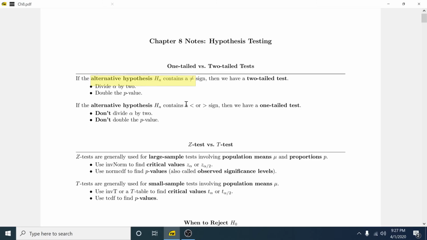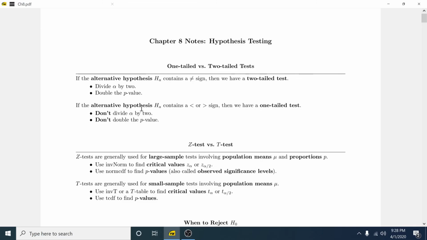If it contains a less than or greater than sign, it's going to be a one-tailed test. And whenever we're dealing with two-tailed tests, there's a certain point in the procedure when we're going to divide alpha by 2. There's also a certain part in the procedure where we're going to calculate something called a p-value. We can get into that in a moment, but we will need to double a certain probability calculation when we're computing that p-value. So on two-tailed tests, we do divide alpha by 2, and we do double the p-value.